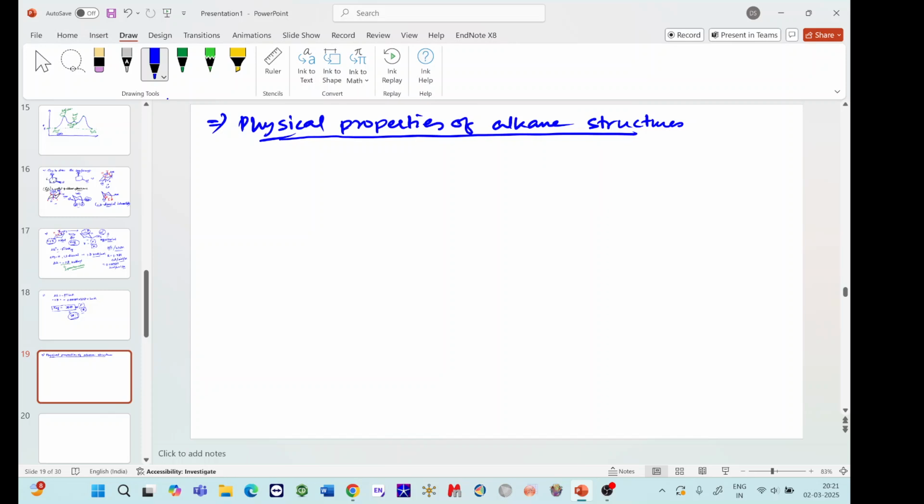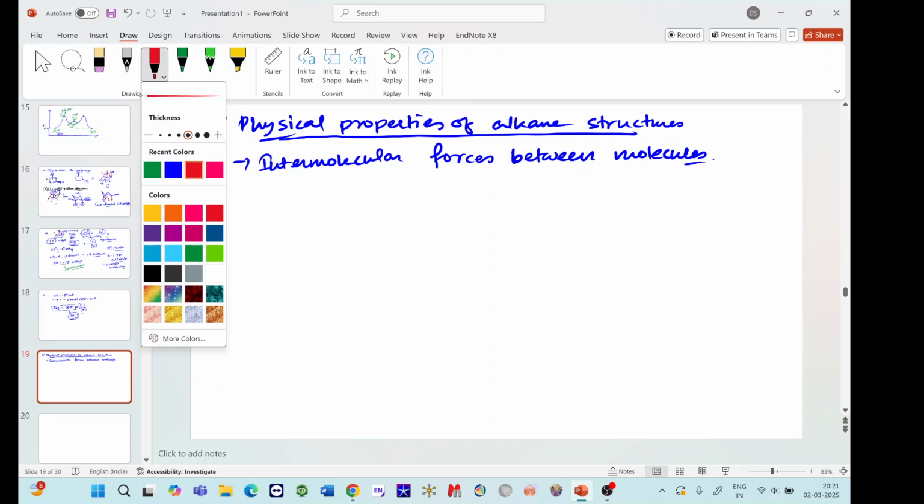You have different types of intermolecular forces between molecules.